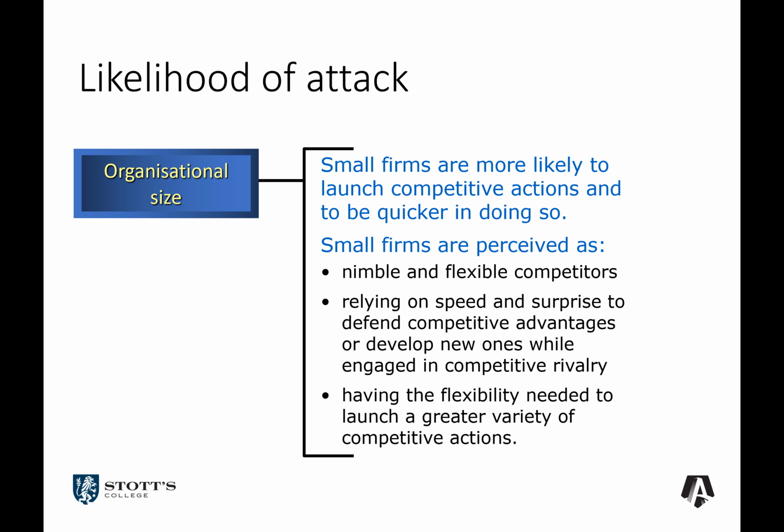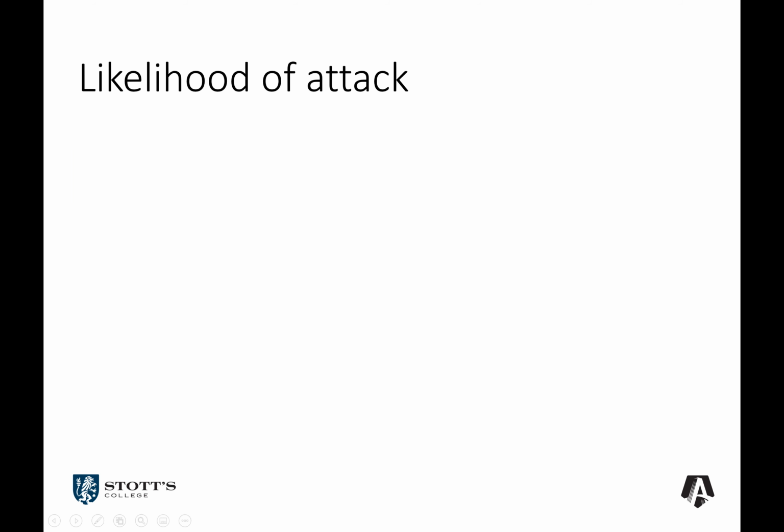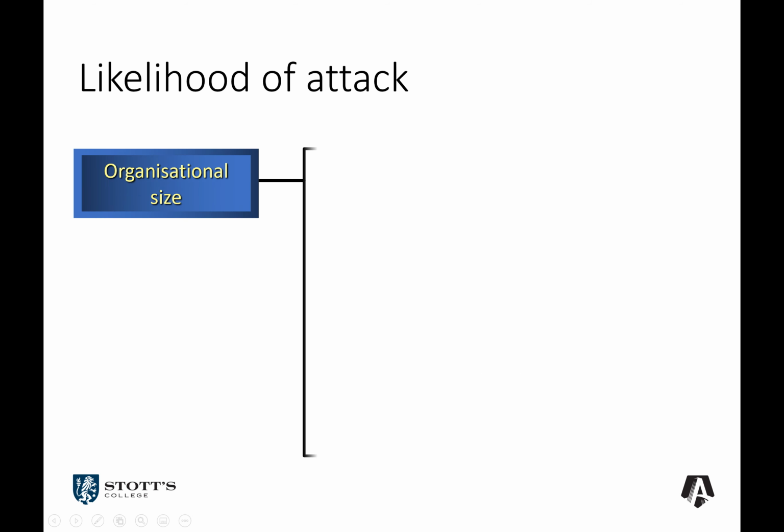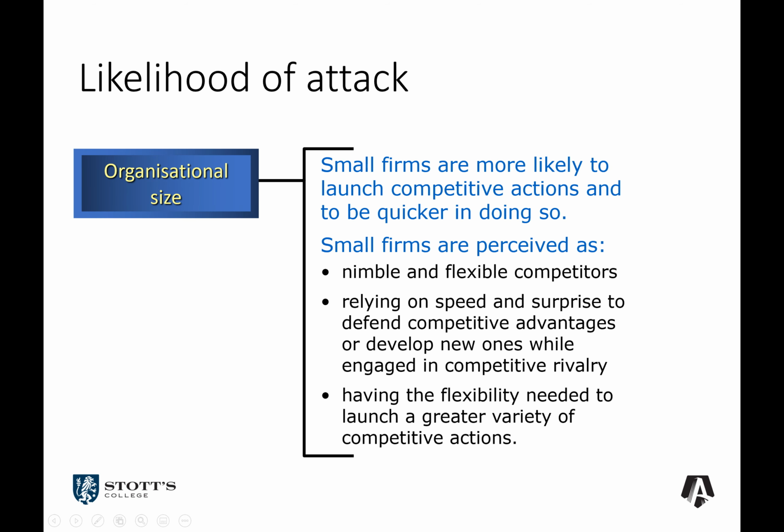It had been operating as a national and then regional carrier. So the joining of Optus with Singtel gave them the organisational advantages of both: being a large firm able to initiate strategic actions and a small, nimble firm able to launch competitive and tactical actions.